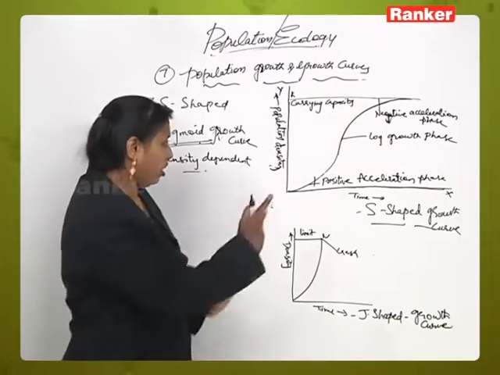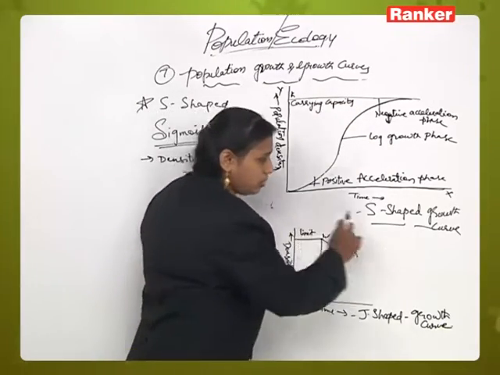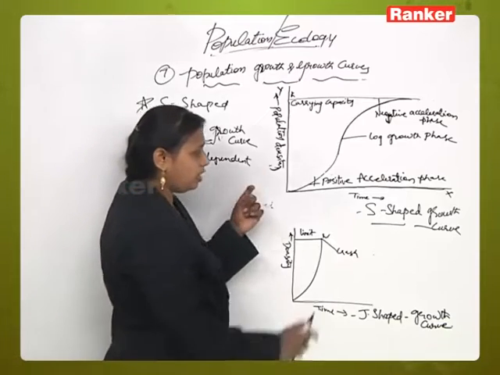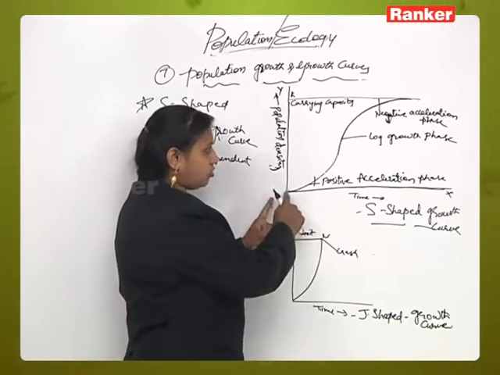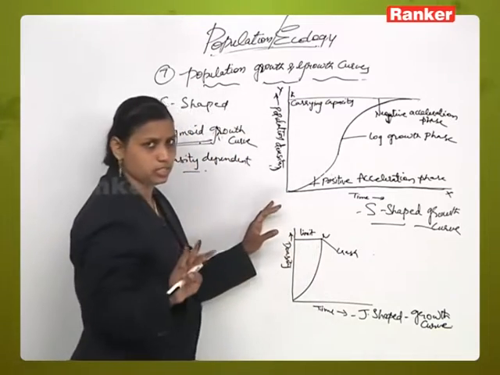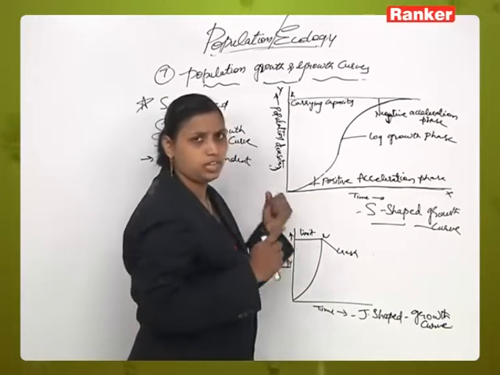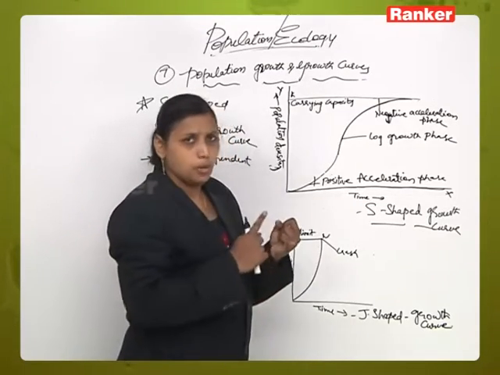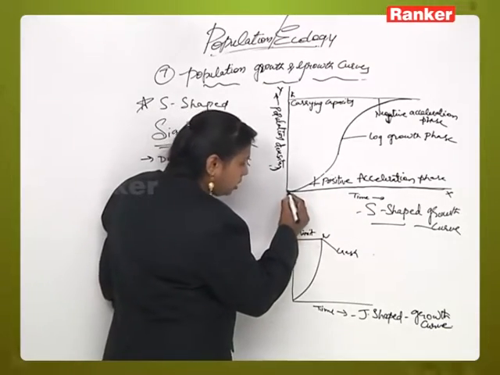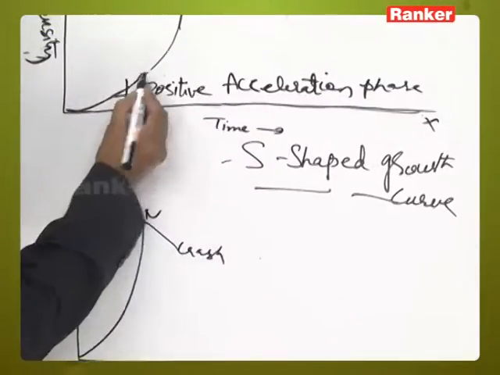Now, why do we get the sigmoid shape? Because, as I said earlier, it is density dependent. At the initial stages of growth, for example, if we start here at the pre-reproductive stage, there are always three phases we take into consideration: pre-reproductive, reproductive, post-reproductive. The population growth starts slowly at the initial level.